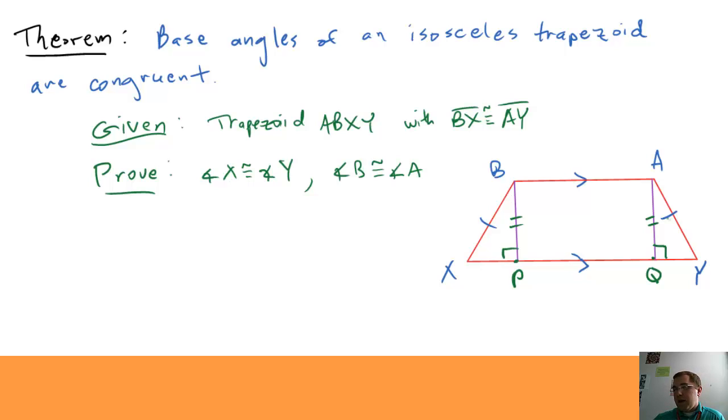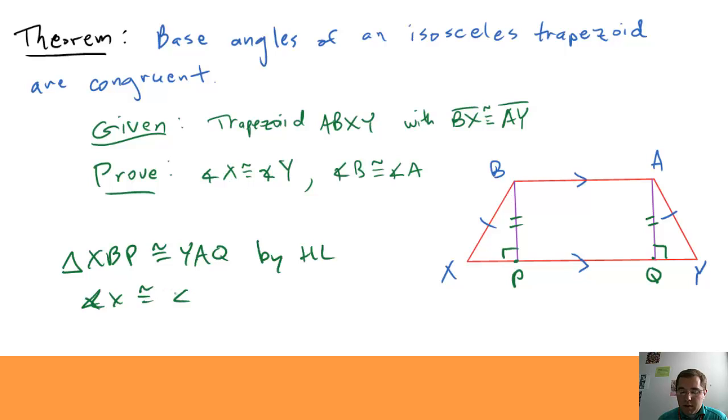That was a theorem we just had in section 5.3. So that gives me that triangle XBP is congruent to triangle YAQ by HL, and so angle X is congruent to angle Y by CPCTC.